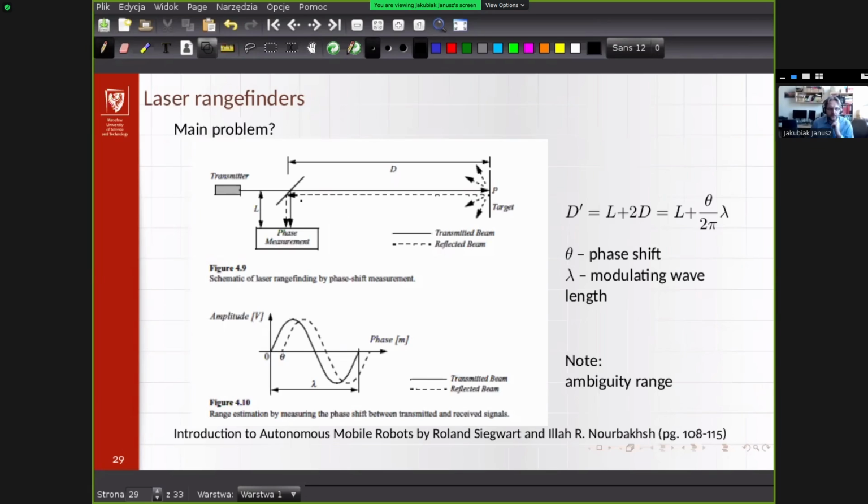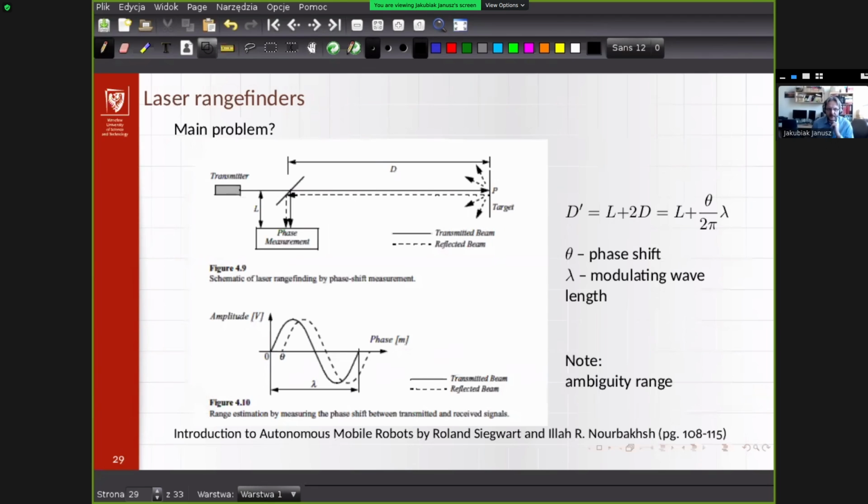Okay, so how does it work in hardware? You have a transmitter that goes through a semi-transparent mirror, goes to the target, but at the same time it gets reflected to the phase measurement.